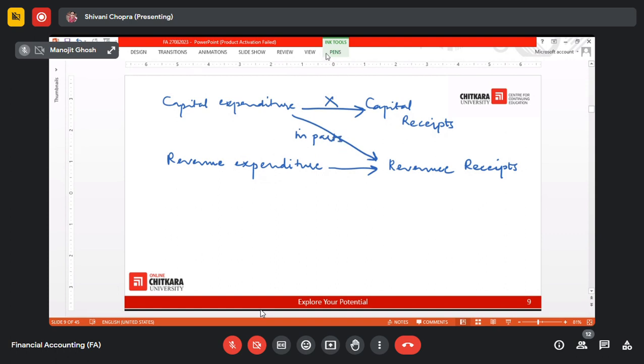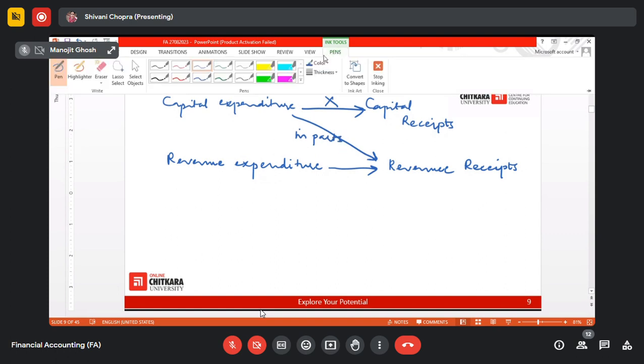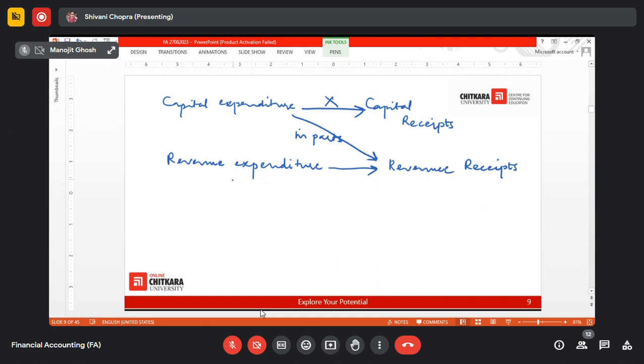Am I clear on this? Because if it is clear, then I'll move ahead. Otherwise, I would like to explain this. Is this clear? I'm saying that revenue expenditure is matched with the revenue receipts, whereas capital expenditure is not matched directly.